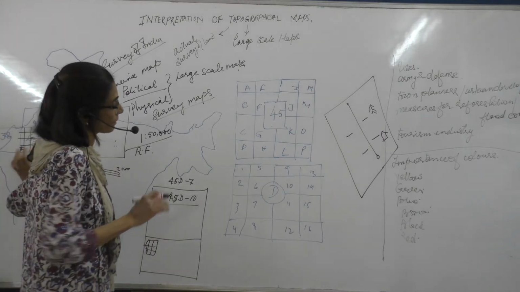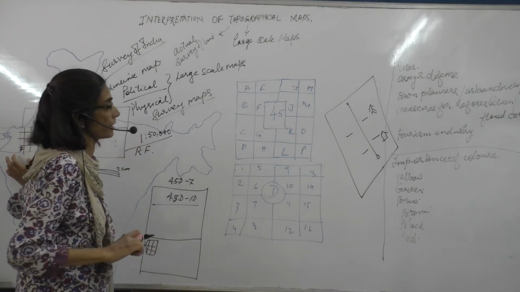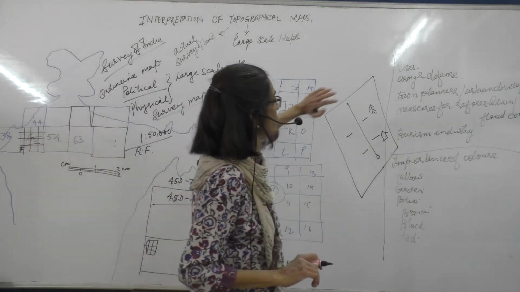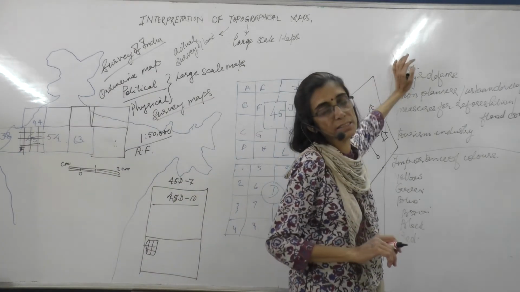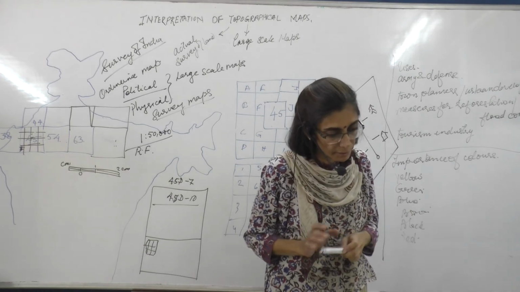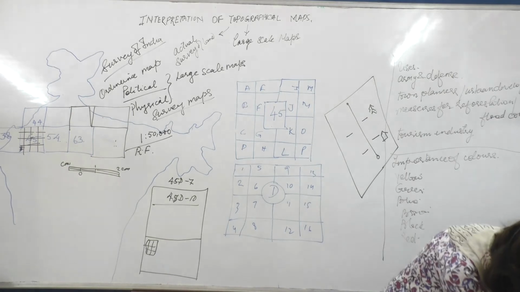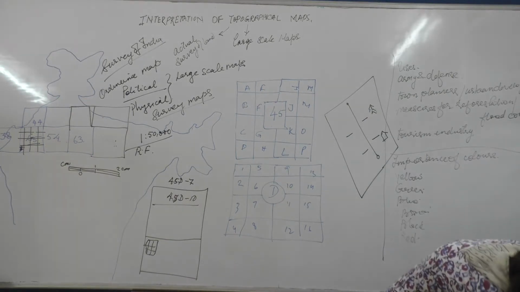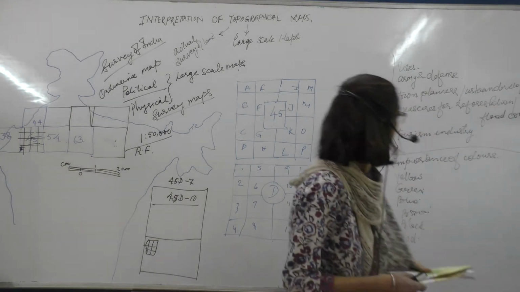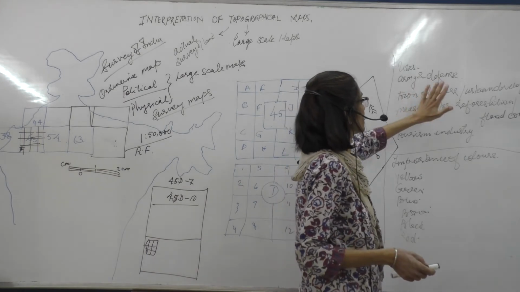But before we discuss the minute details, we'll just look at the uses of these survey maps. Why do we really need these survey maps? The survey maps are utilized by the army and the defense.